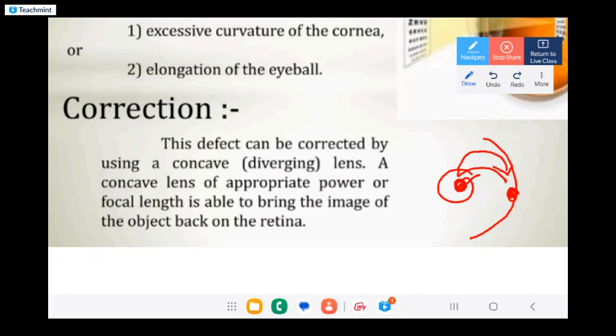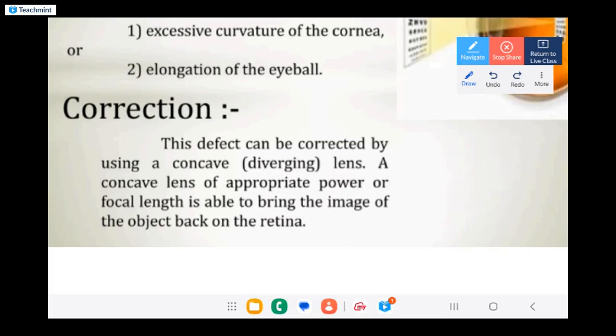And how are we going to do that? We are going to use a concave lens, also called a diverging lens, for the correction. We will see that in a bit, but right now we just get the idea. The first defect we have discussed is called myopia, or nearsightedness. Some books write shortsightedness instead of nearsightedness.